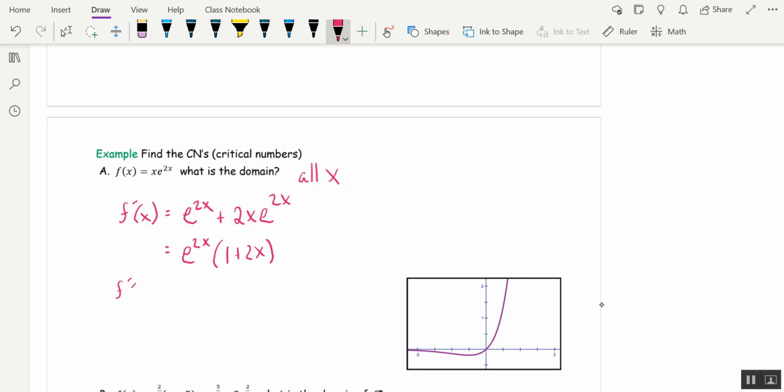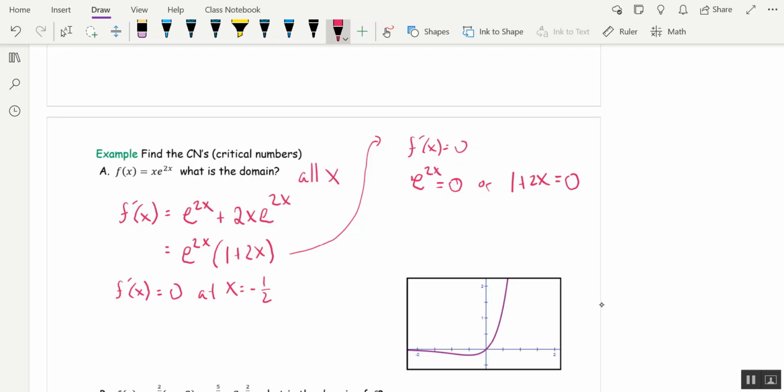So f prime of x equals 0 at x equals negative 1/2. Now the way I got that, let me move up here and show you my scrap paper. f prime of x equals 0 only if e to the 2x equals 0 or 1 plus 2x equals 0. So e to the 2x is never 0, and 1 plus 2x is 0 at x equals negative 1/2.